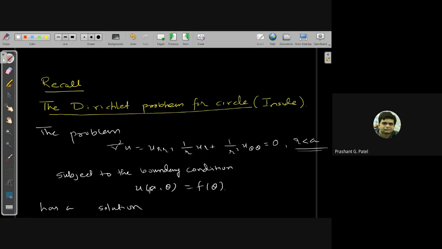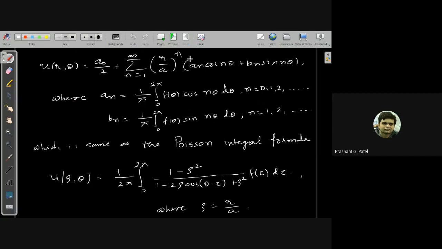This problem has a solution, which we discussed in my previous two videos, u(r, theta) equal to this solution, where an and bn are constants which can be calculated using the Fourier coefficients, and they are represented in this manner. We also proved that this solution is equivalent to writing it in the form of the Poisson integral formula in this fashion.